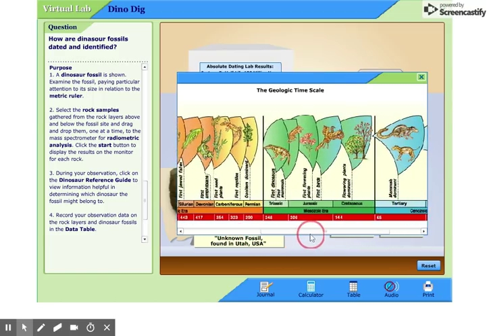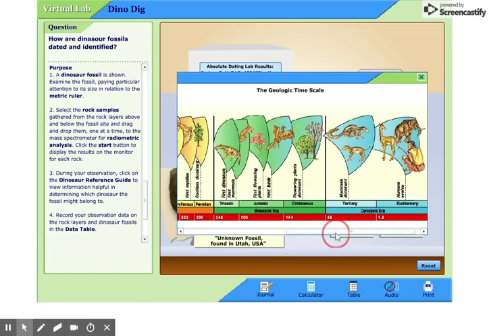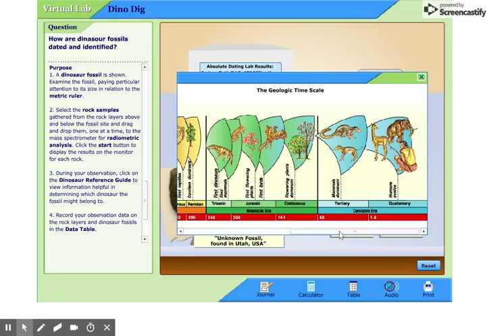So we're going to scroll over and look for 160 to 130. And we see that that falls right in here in the Mesozoic era in the Jurassic and Cretaceous periods. So the era is the Mesozoic era. We go back to our class ticket, we select Mesozoic, and now we're down to identifying the species.